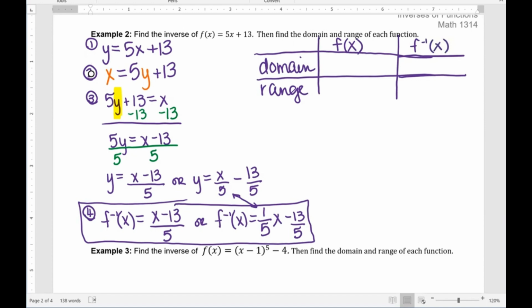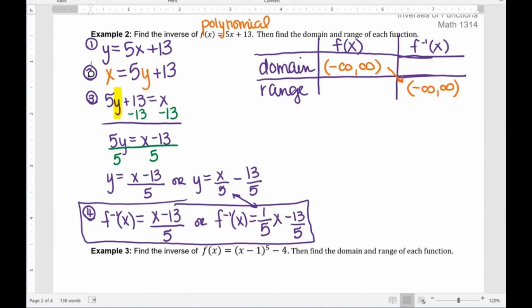So the domain of f of x is a linear polynomial. We like polynomials because we know their domains are negative infinity and positive infinity. And if we found the domain of f of x, that means that we found the range of the inverse, because remember, we flip the x and y's for our inverses.